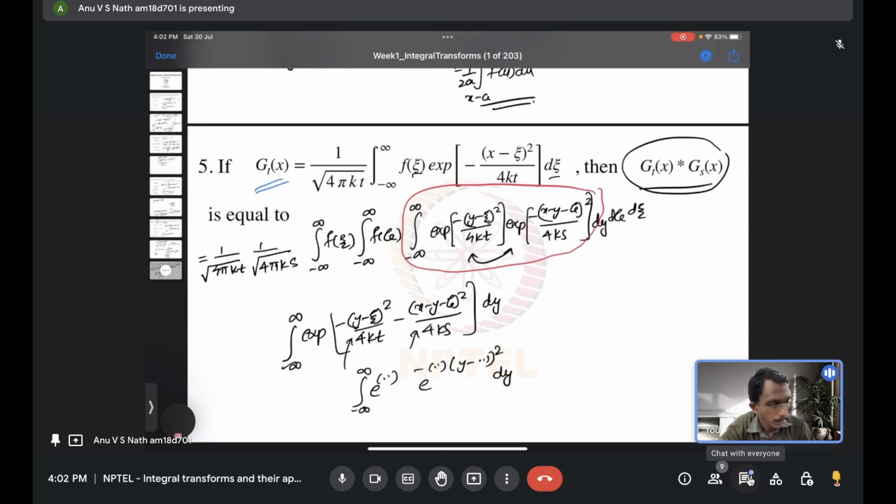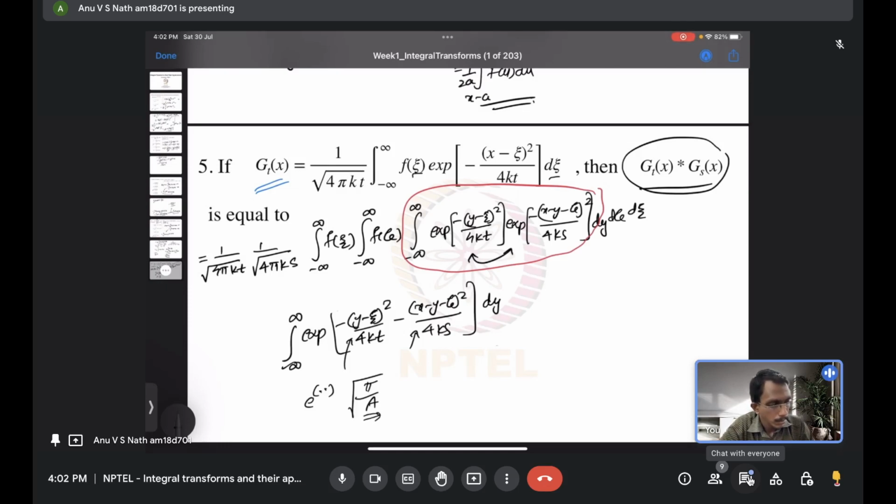Now because the first exponential, I told you, is a constant, we can take it outside, and whatever comes inside we can replace. Let's say this is a constant a; we can replace it with its value, which I told you earlier, the square root of pi by a, whatever the coefficient a was.